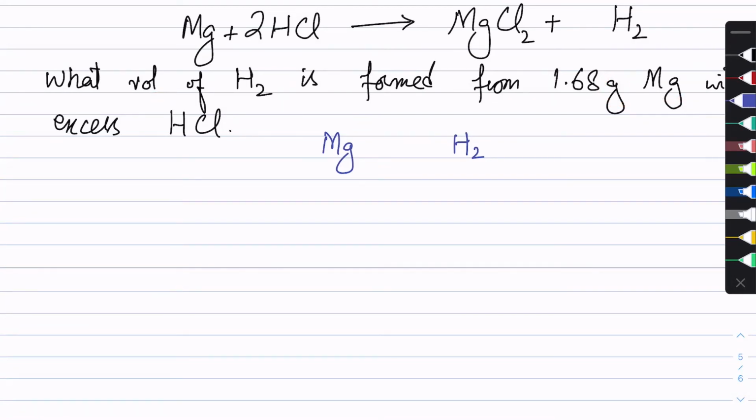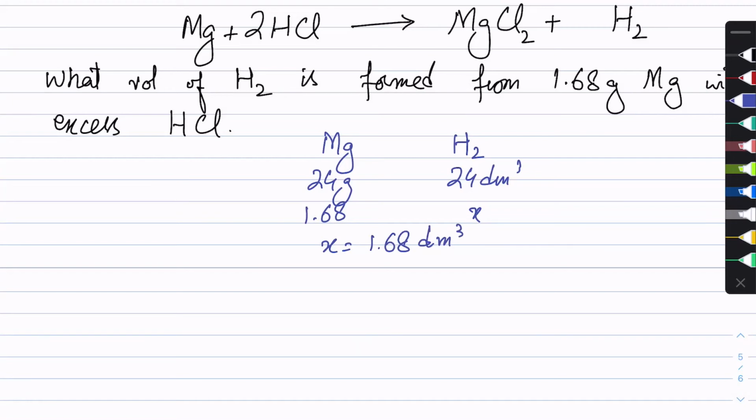So mass of 1 mole is 24 grams. And what is the volume of 1 mole hydrogen? 24 dm cube. Interestingly, वो same आ गई है. But that's just a coincidence of the question. So if I have 1.68 of this, I'll get x of this, and x is going to be also 1.68 dm cube. और मेरा आंसर आ गया.